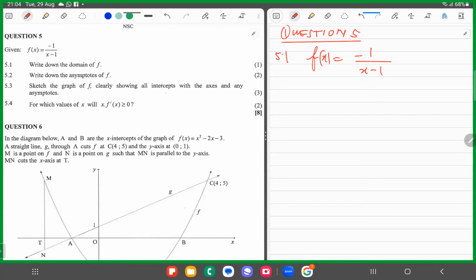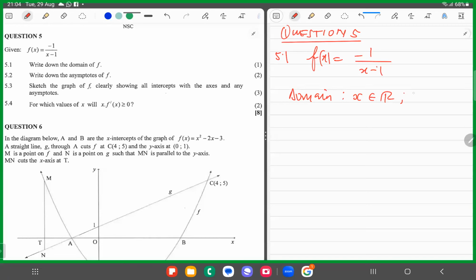Right, so to write down the domain here, we say the domain of this function always contains real numbers. x is an element of real numbers, but x is not 1.